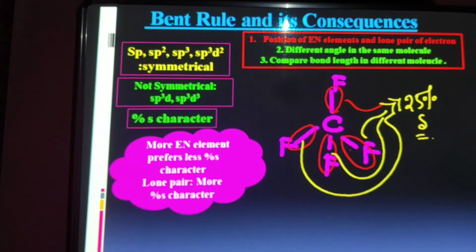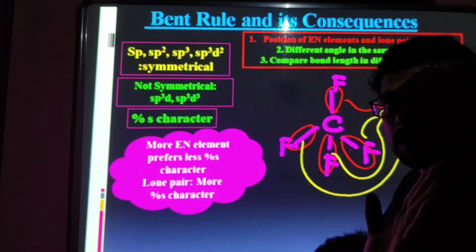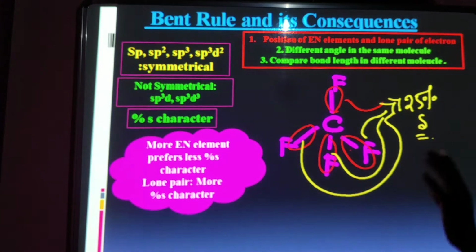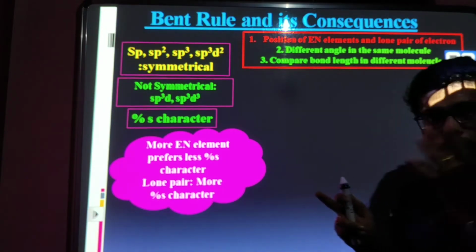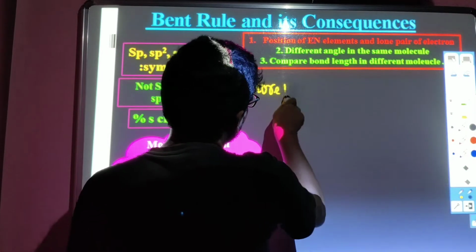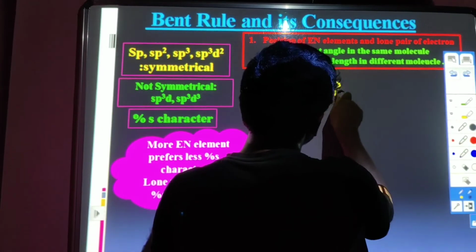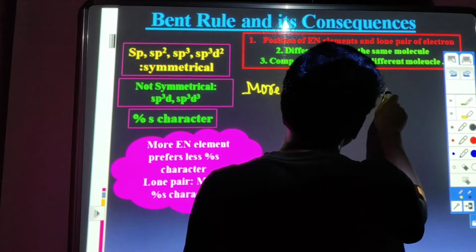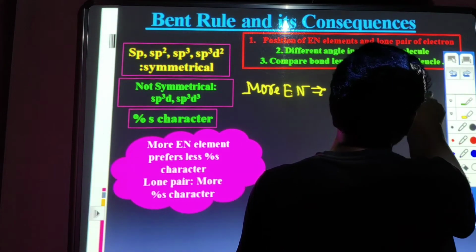Now, let me explain why the percentage of s character basically changes. And the statement of Bent rule was like: more electronegative element, okay, in brief I will write, more electronegative element prefers an orbital where the percentage of s character is less.